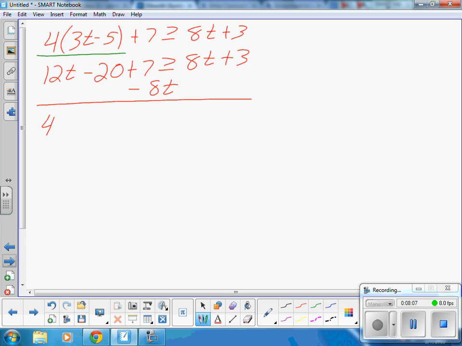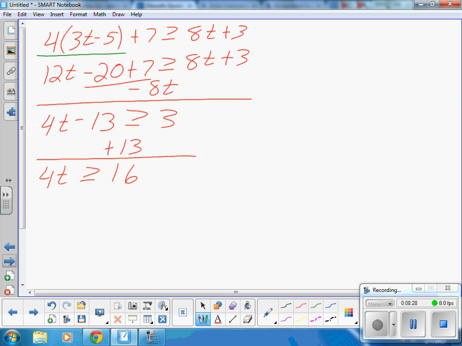So I have 4t, and again, the minus 20 plus 7 is going to be minus 13, greater than or equal to 3. Add 13 to both sides. 4t is greater than or equal to 16. Divide by 4. t is greater than or equal to 4. And that is the answer there.